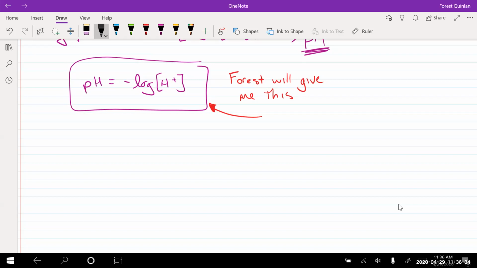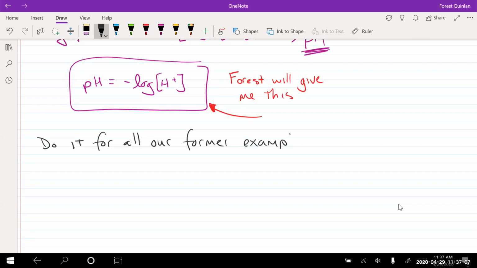So let's do it for all of our former examples. This way we don't have to do calculations over and over and over.